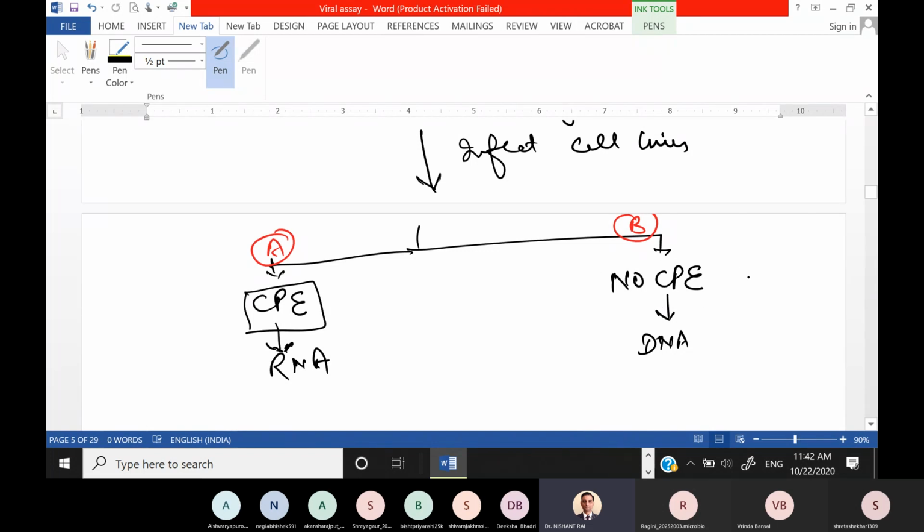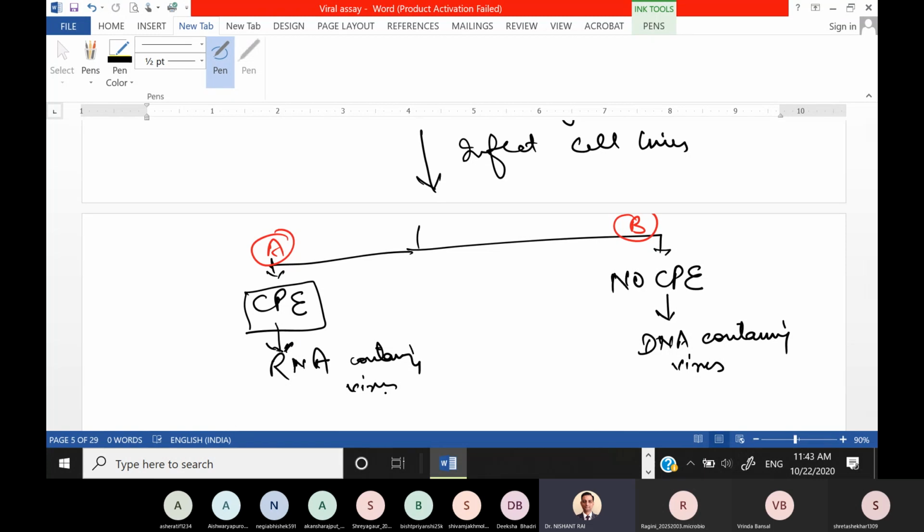Remember, no observation is confirming that it is a DNA containing virus. But if it is an RNA containing virus, it will not be inhibited by BUDR and hence CPE will be observed. So in case of CPE, it is an RNA containing virus.